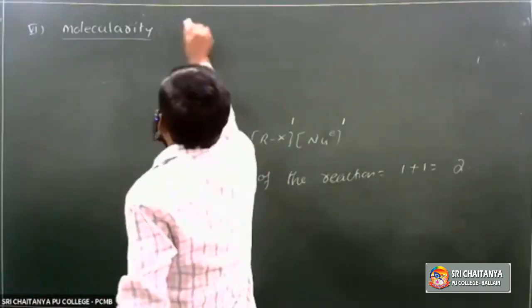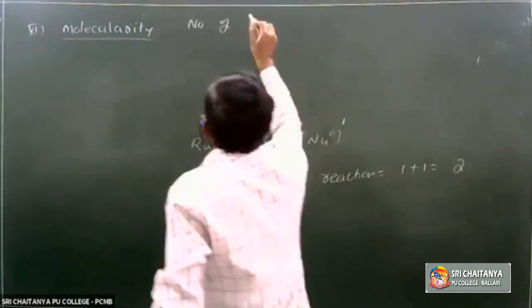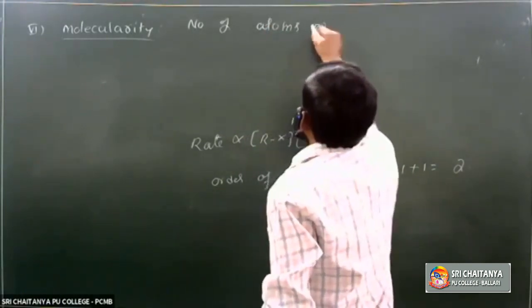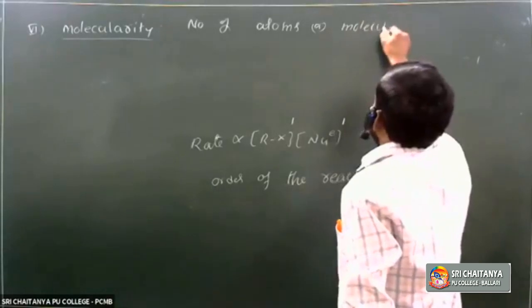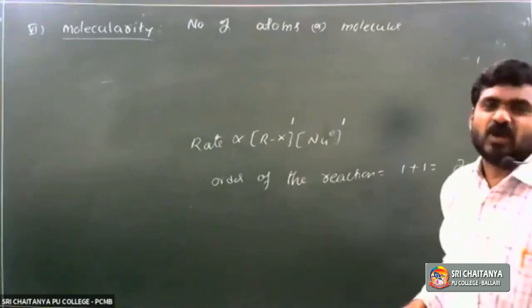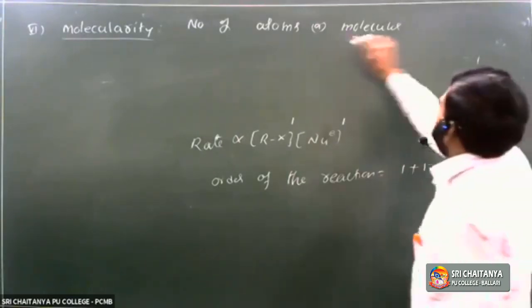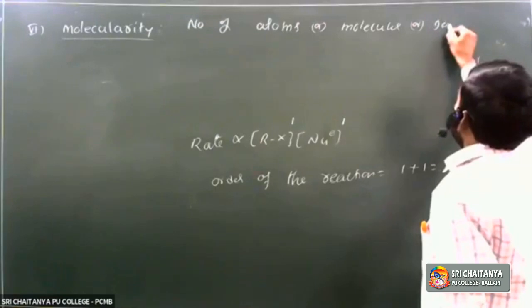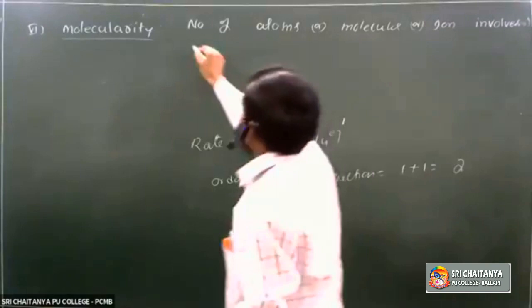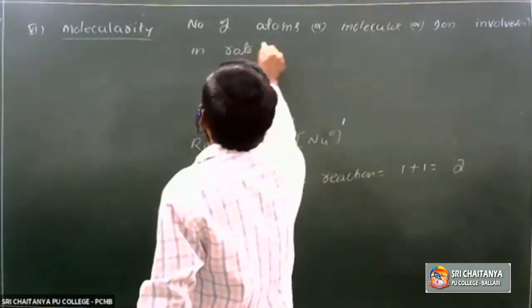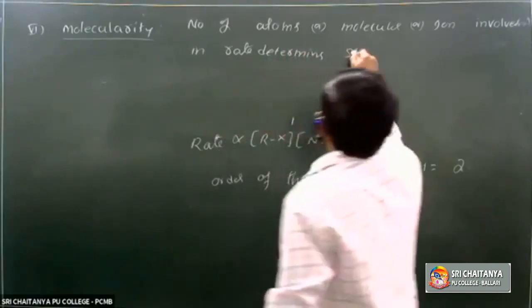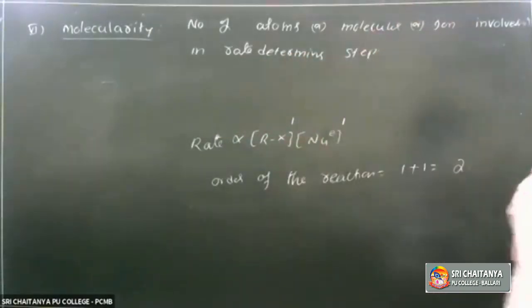Number of species, species means atoms or molecules or ions, involved in the rate determining step is called molecularity.